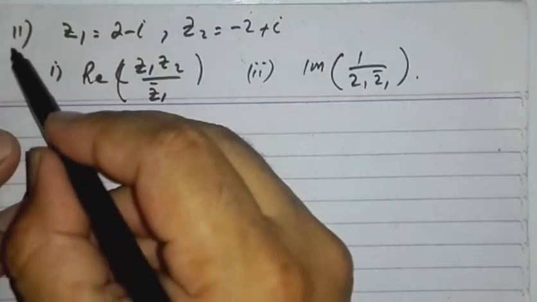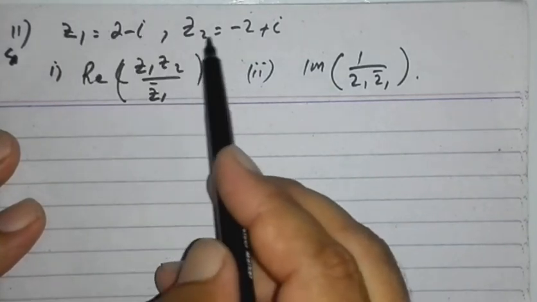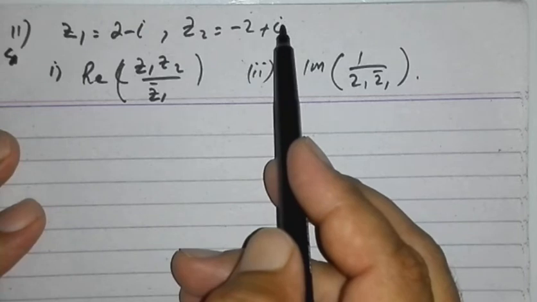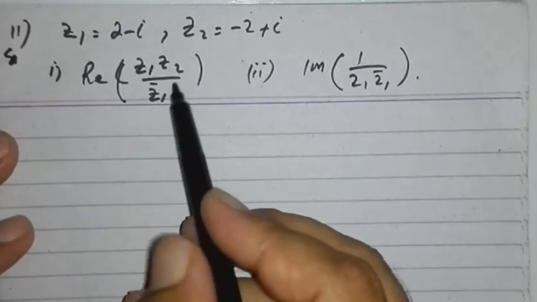Question 11. Solution. Z1 is equal to 2 minus iota, Z2 is equal to minus 2 plus iota. Find the real part of Z1 Z2 divided by Z1 conjugate.